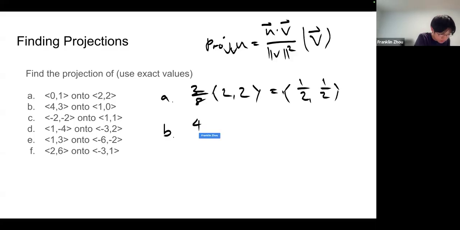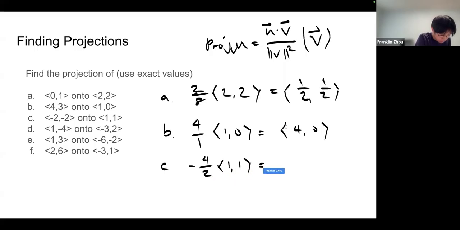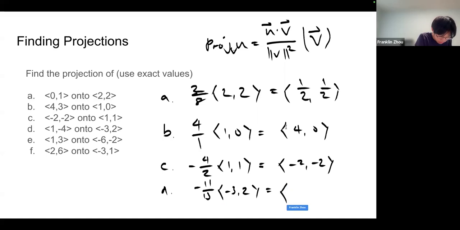Part B is... if you want to take a screenshot or something, this is probably a good time to.